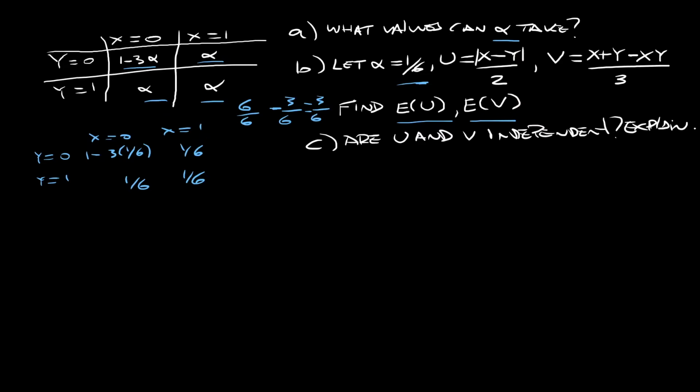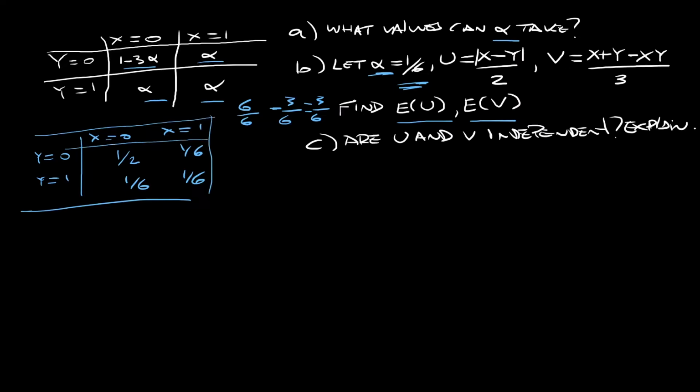Just to simplify this a bit, let's get rid of this part and just write down 1/2 there. So these are the values when you are told that alpha is equal to 1/6. You just distribute the values, find the values corresponding to the entries, and substitute them directly in the table. Okay, so this is the first step.